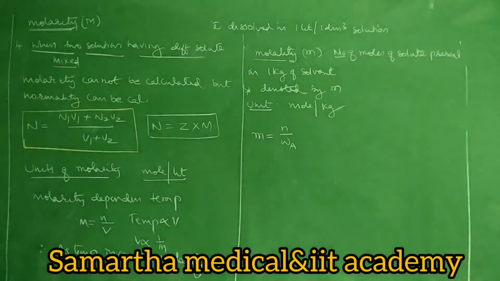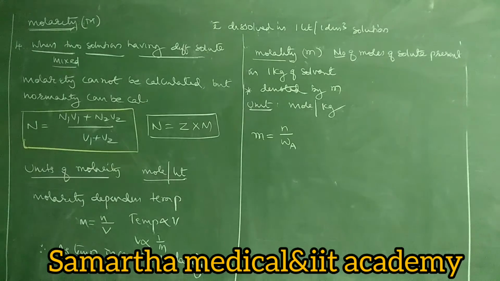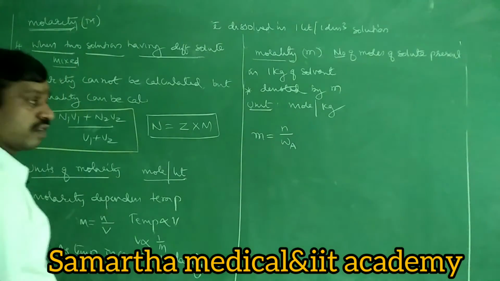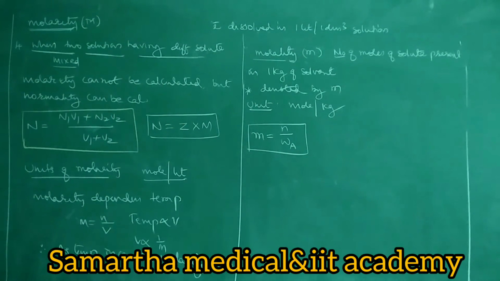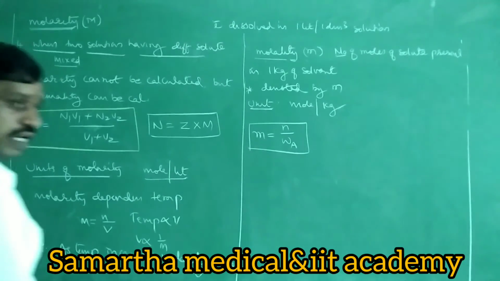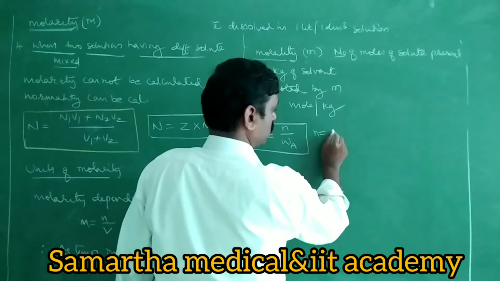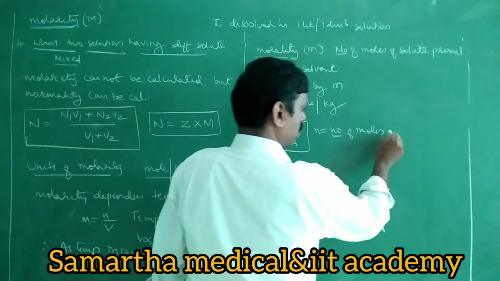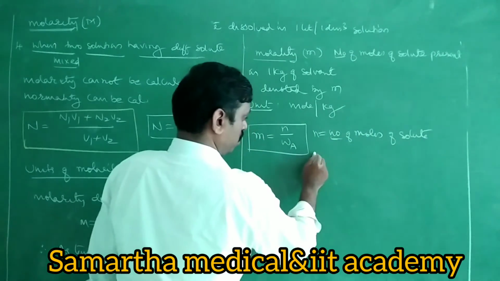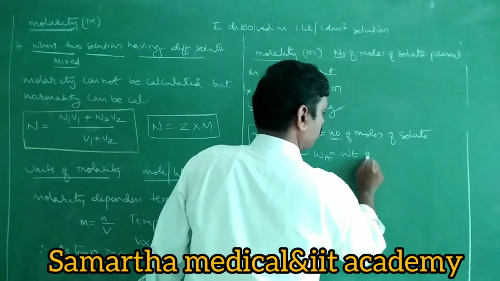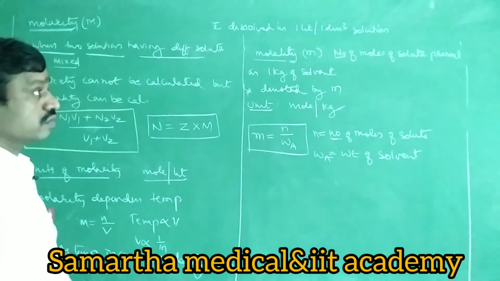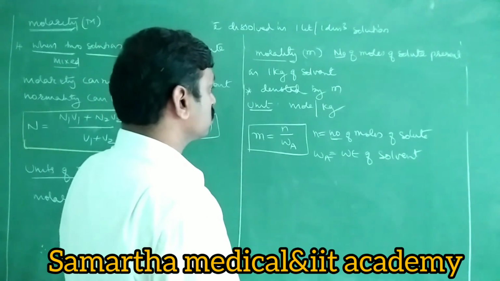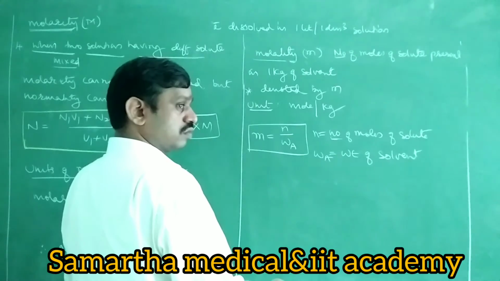So molality is equal to N divided by WA, where N is the number of moles of solute, and WA is the weight or mass of solvent. So it is solute present in solvent.